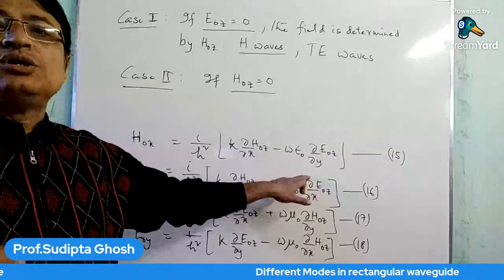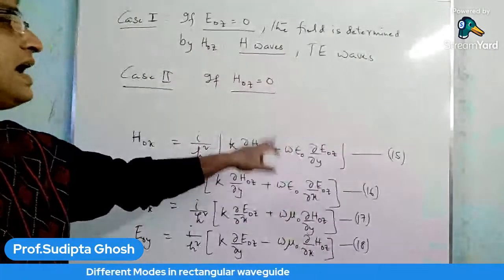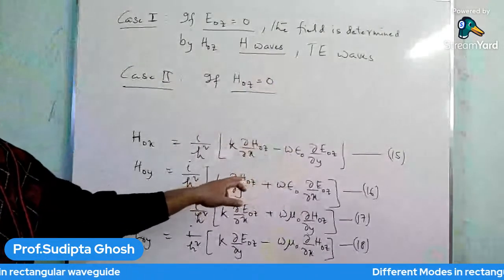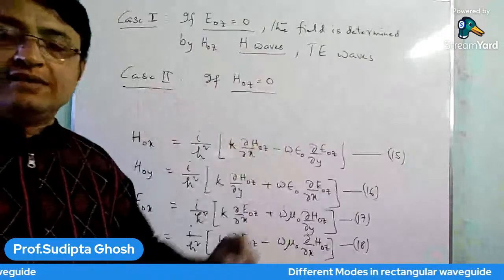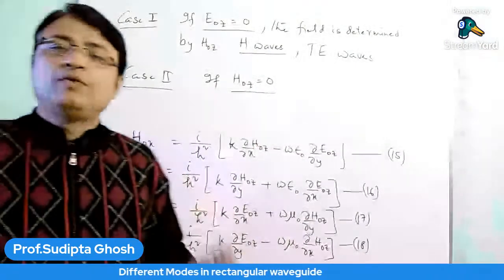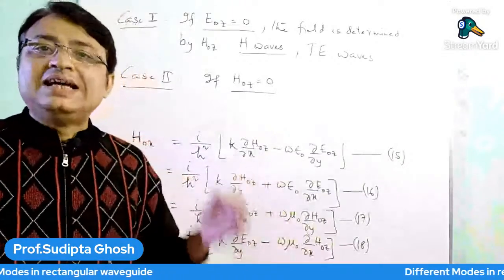Right? So following similar arguments, we can name this type of waves E waves, electric waves.